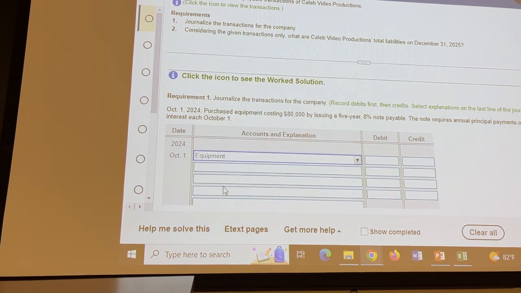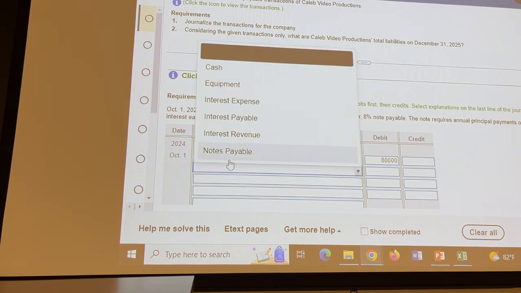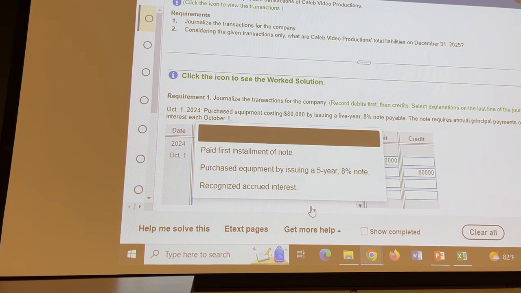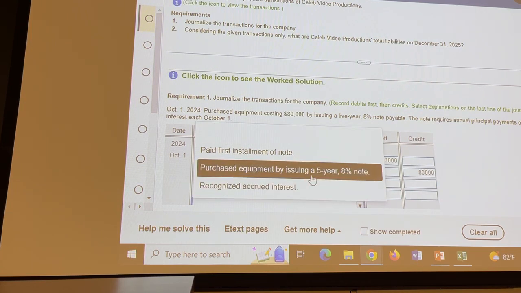So we know the debit would be to equipment for $80,000. And then the credit would be to notes payable, $80,000. And at the bottom, purchased equipment by issuing a note.